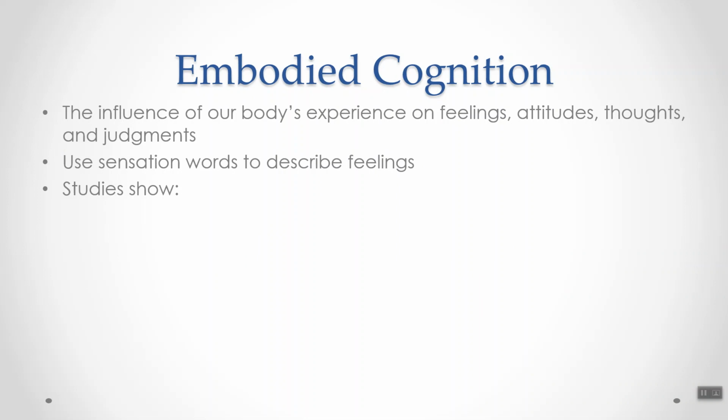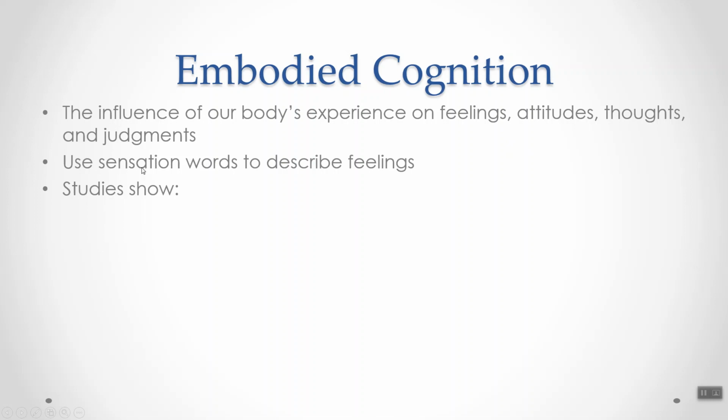Okay, and one final thing is this idea of embodied cognition. Again, make sure you understand the difference between sensory interactions, synesthesia, and embodied cognition. Okay, so embodied cognition is about how our body's experience influences our experience of feelings, attitudes, thoughts, and judgments.